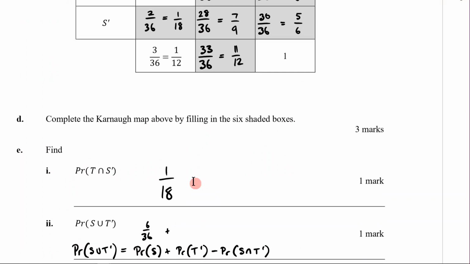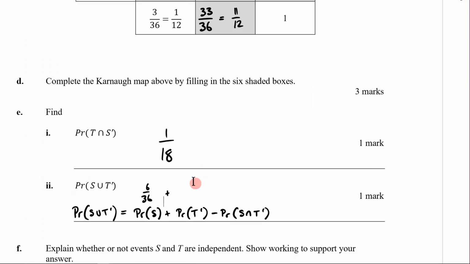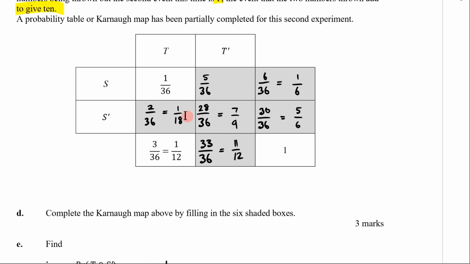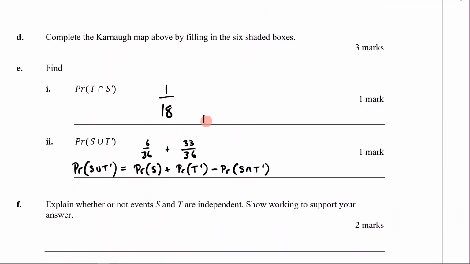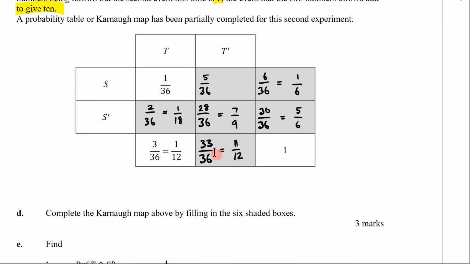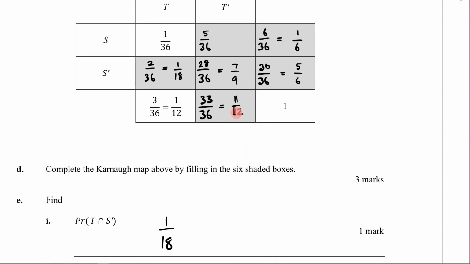Wait, that was the complement, wasn't it? Yeah, 33 on 36. And then where they intersect, so S intersection of T complement, so S was 5 on 36. Oops, sorry.